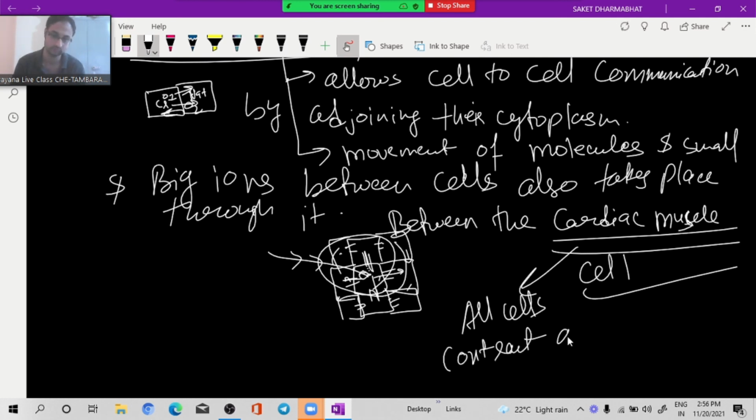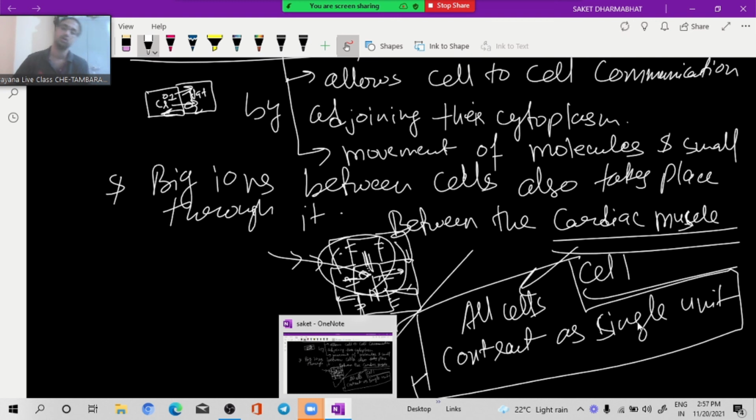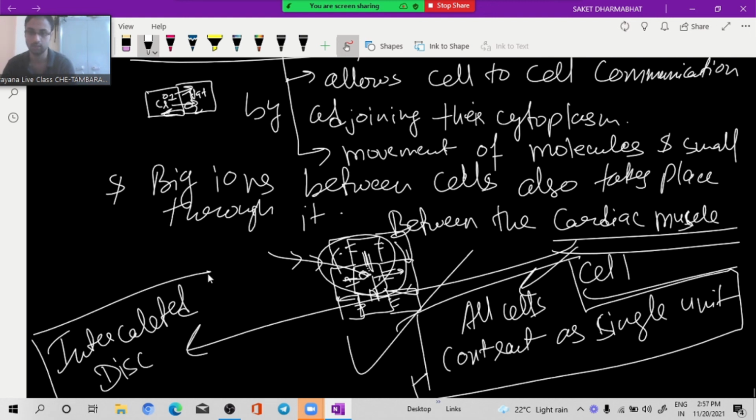Contract as a single unit. Very, very important property of cardiac muscle. Important for NEET also. So in cardiac muscle, gap junction is called what? Intercalated disc, or communication junction.